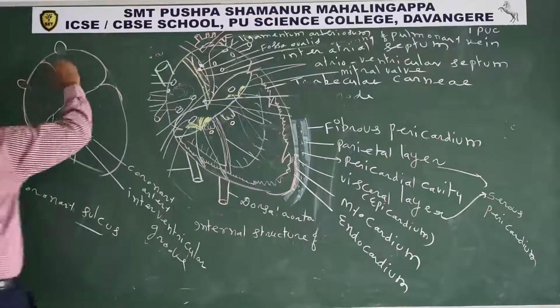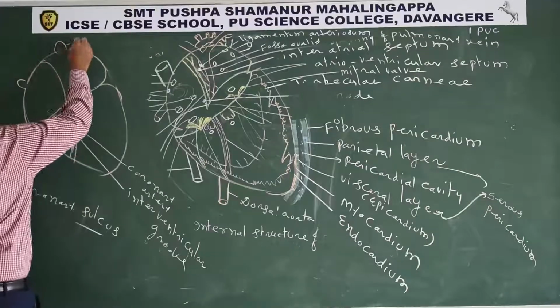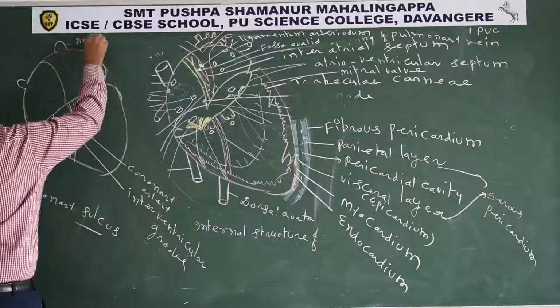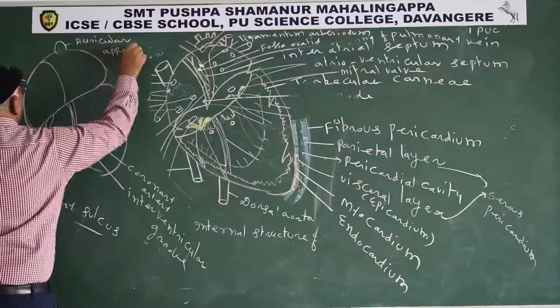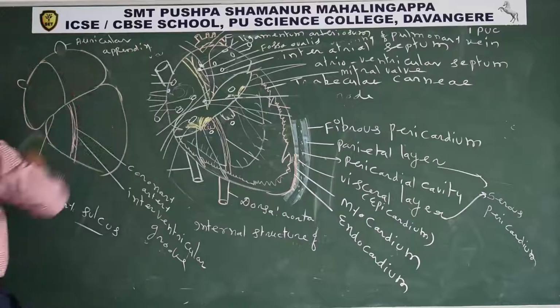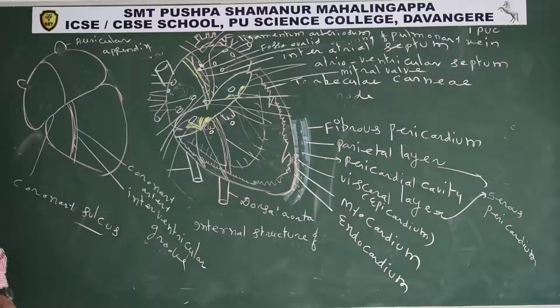The anterior part of each atrium contains a lobe-like structure known as auricular appendix. The auricular appendix increases the area of the atria. The heart is present in the empty place between the lungs.